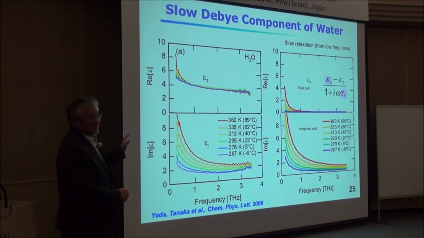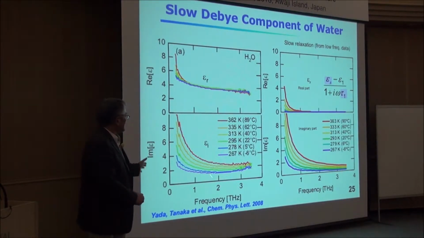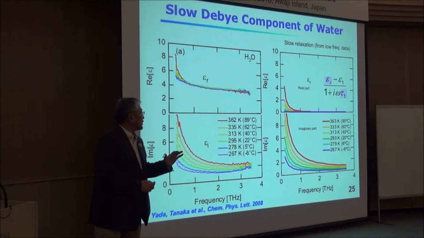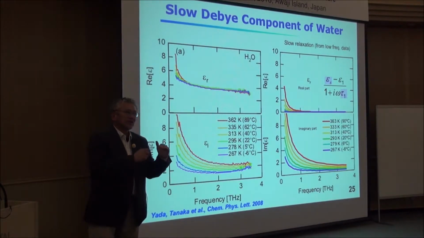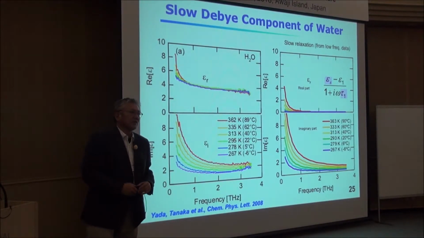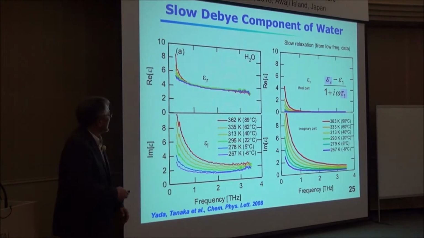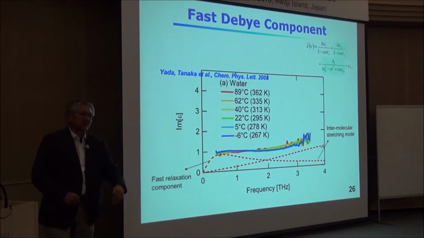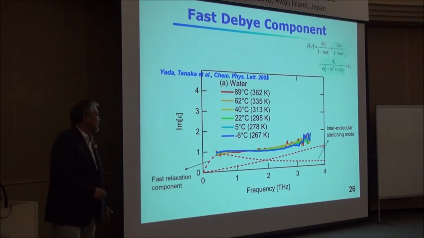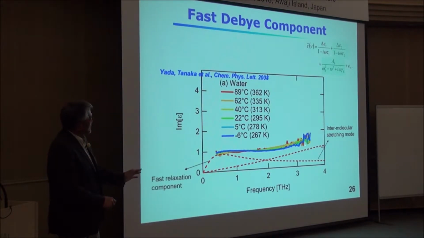You can see the real part doesn't change so much, and the imaginary part changes a lot. You can extract or remove this conventional Debye component, which maybe you already know very well. So we can see the residual component in the terahertz region. We subtracted the first conventional Debye, and this is almost flat.